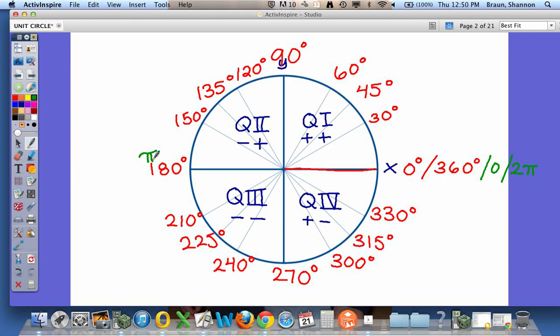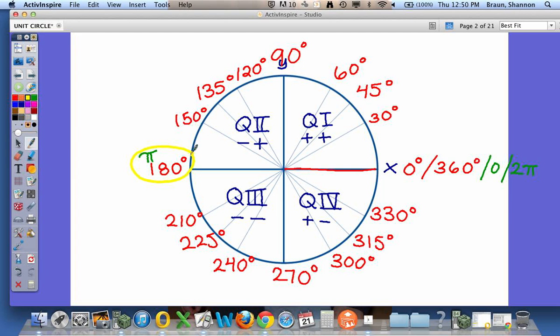That's going to become important in just a second, because do we like these radian things at all yet? No. What are we more comfortable in? Degrees. So on my unit circle, I might circle this fact: pi is equivalent to 180 degrees. That will help us out in just a second.